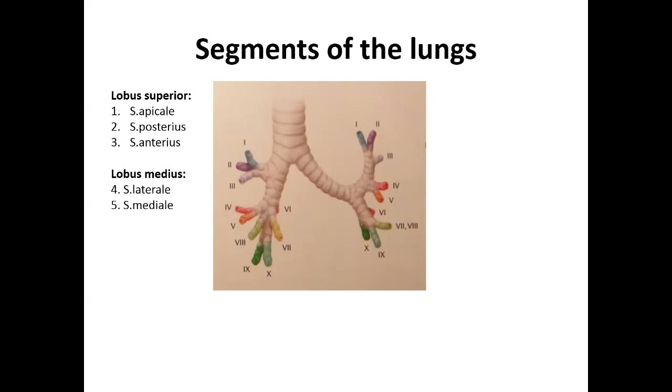And lobus inferior, here it is, lobus inferior. All this is bronchus inferior lobaris, and this is lobus inferior. And inside of it we can find number 6, segmentum superius.